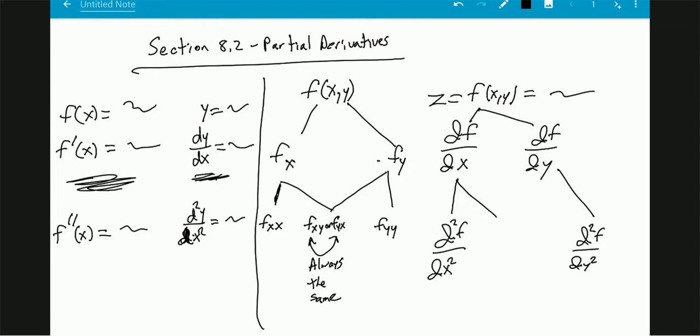And then in the middle, you have, again, 2 options, because f sub xy and f sub yx are actually the same thing. We could write this as the second derivative of f with respect to x and then with respect to y, or we could reverse that denominator.